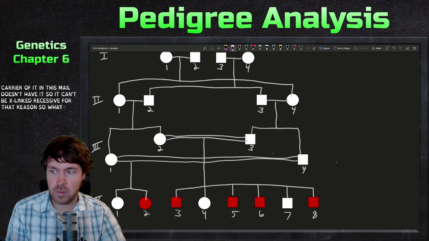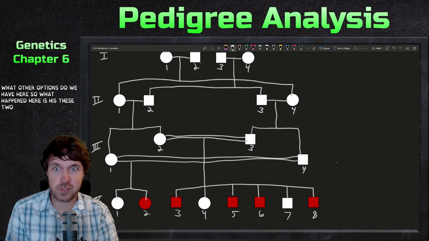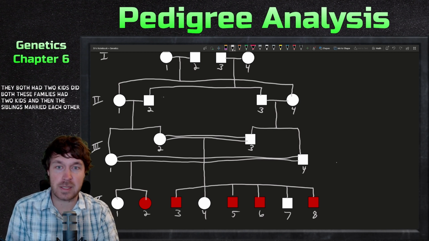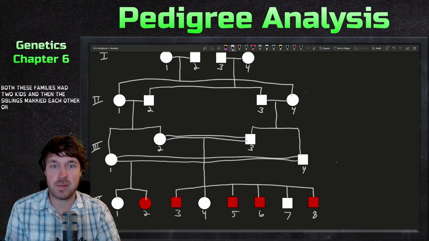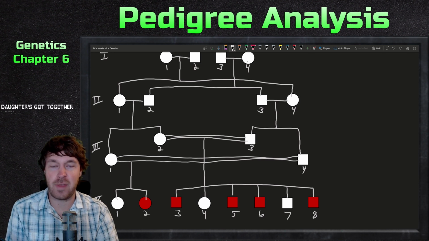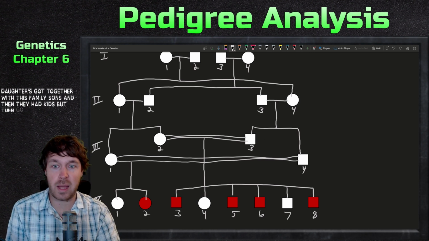So what else? What other options do we have here? So what happened here is these two, this first generation, they both had 2 kids. Both these families had 2 kids, and then the siblings married each other or got together. So this family's daughters got together with this family's sons, and then they had kids that then got back with each other.